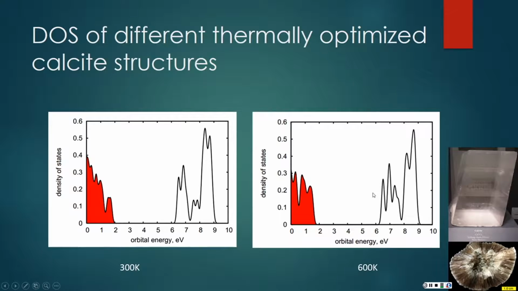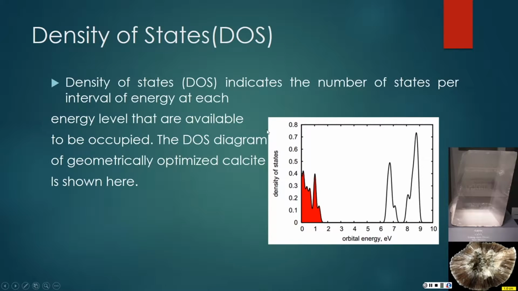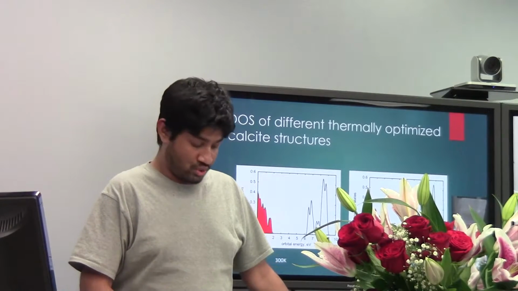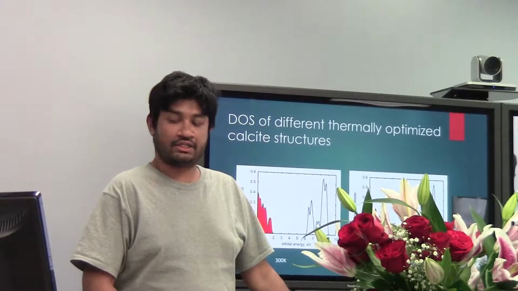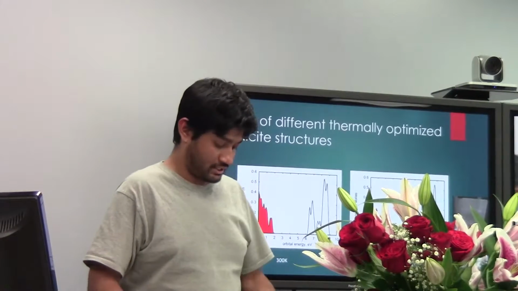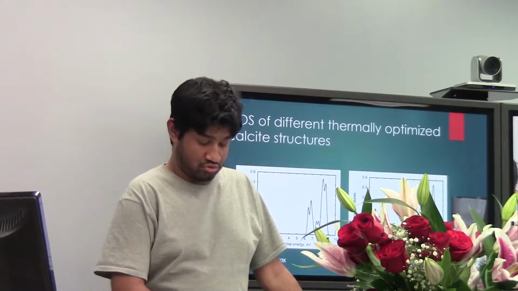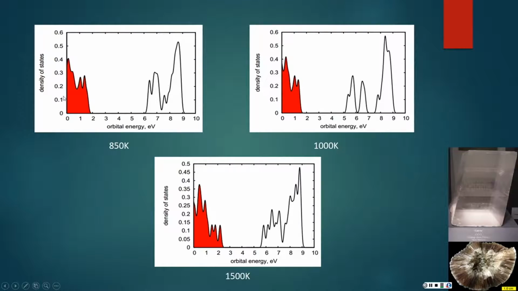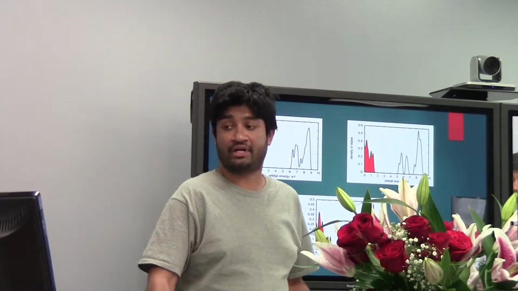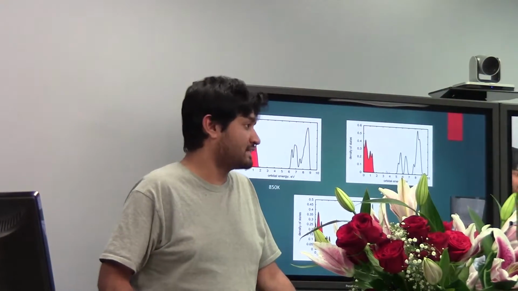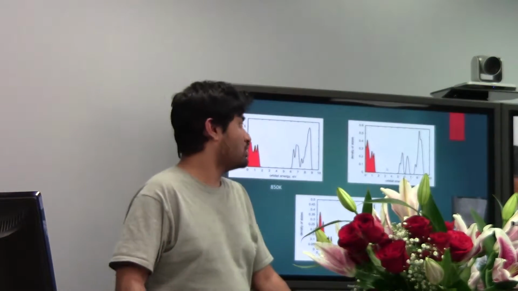If we look carefully at this DOS diagram, you'll find that with the increment of the temperature, the HOMO-LUMO gap is decreasing. But up to 600, up to 850 Kelvin, we cannot find such a significant change in the gap, but from 1000 Kelvin we can find a significant gap between HOMO and LUMO.